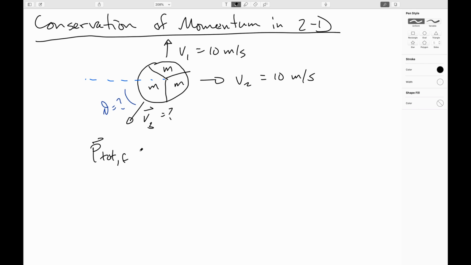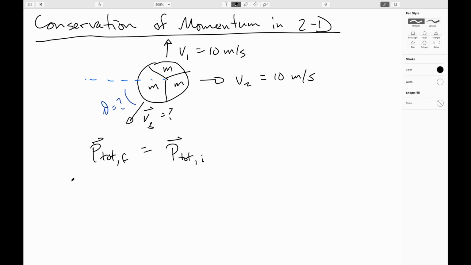explosion, and a physicist would consider it an explosion if you end up with more objects than you started with, the momentum after the explosion has to equal the momentum before the explosion. Now here we've got pieces of plate flying off in all directions.